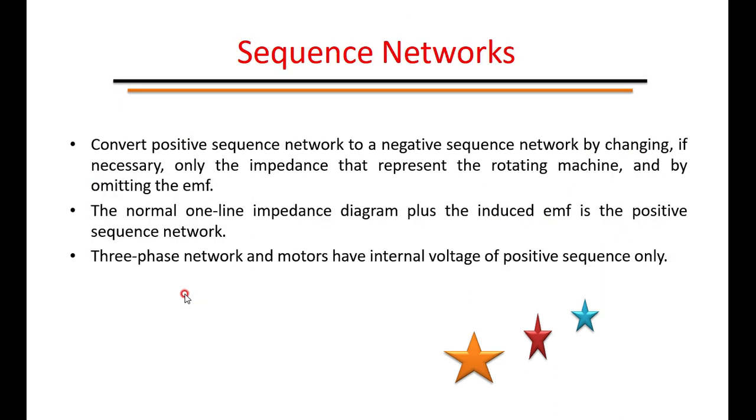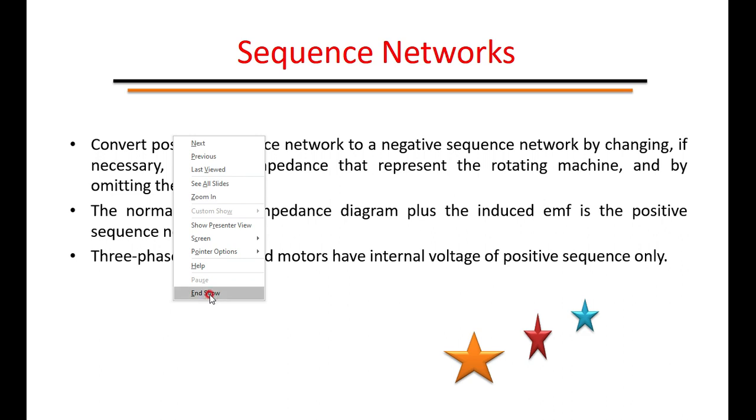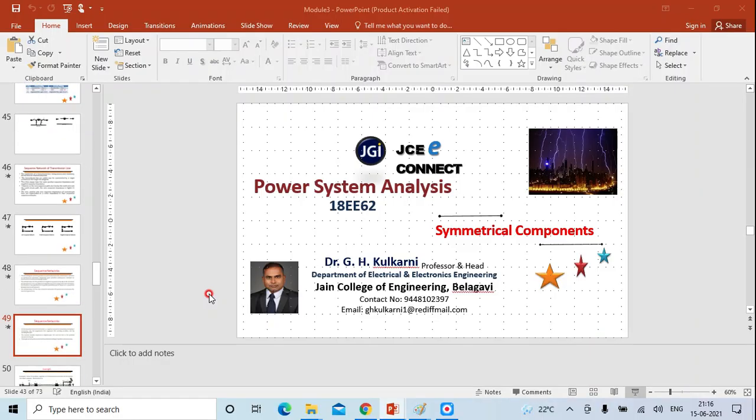Okay, with this background, we will solve some numericals on the positive, negative and zero sequence networks, and see how to draw the network using the equivalent sequence networks of the different power system components.